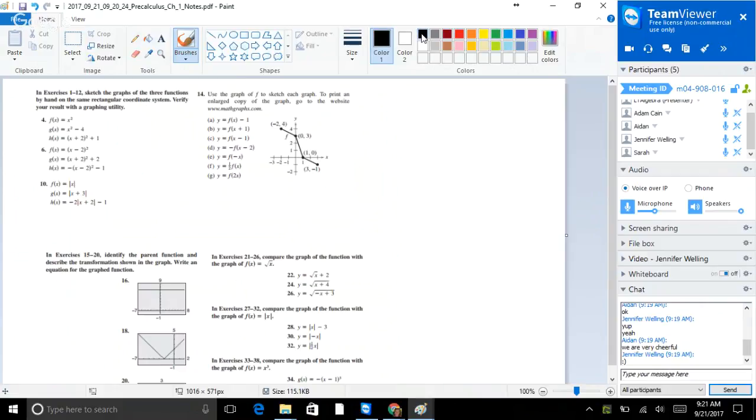The other thing that I have done before, and I haven't sent it out to you guys yet, but if you want to get some graph paper, you're welcome to do that if that makes it easier for you. There's also tons of free printable coordinate planes.